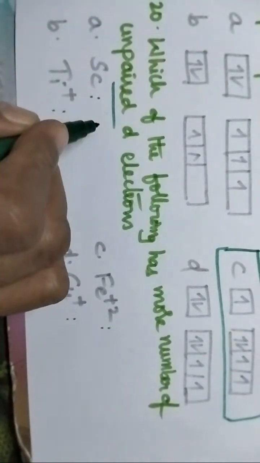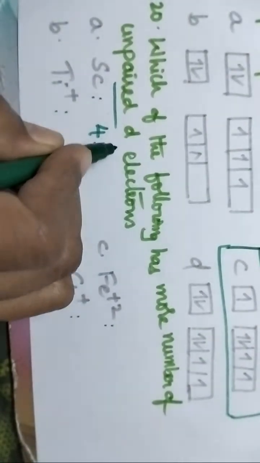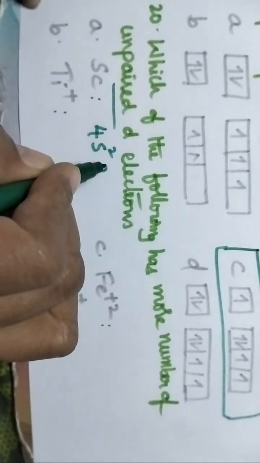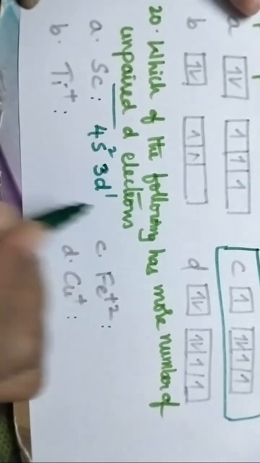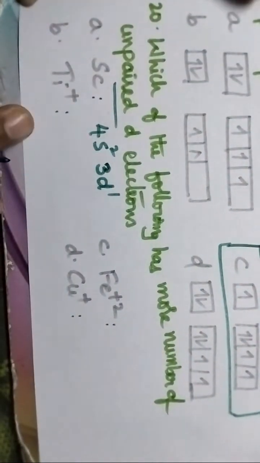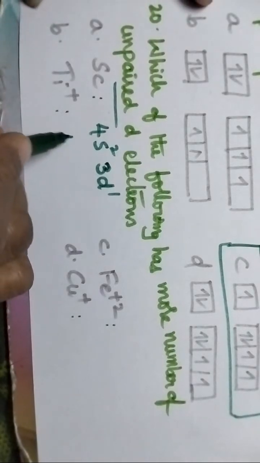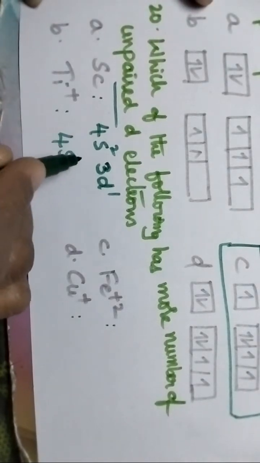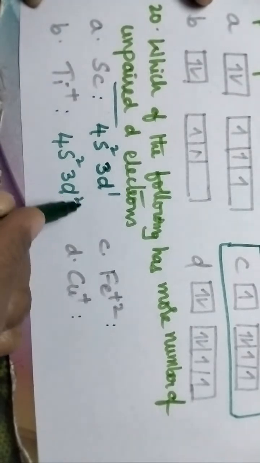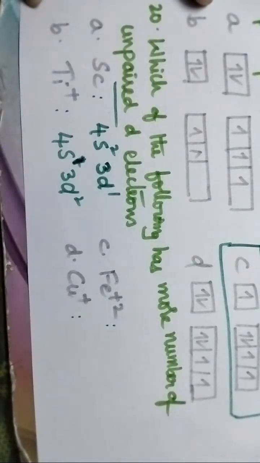Scandium 21, so it will be 4s2 3d1. Titanium plus, actually it is 4s2 3d2 and 1 electron is removed, so it is 4s1.